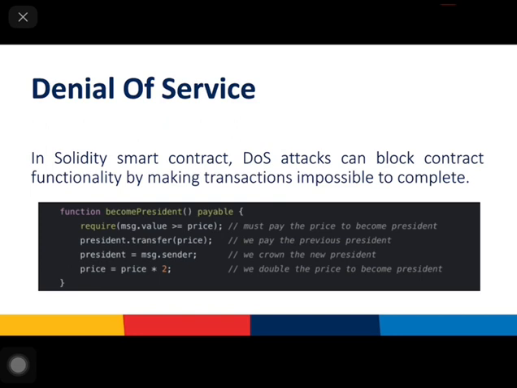Transactions require payment of gas. If the gas price is set high, other users may be unable to buy it due to the high costs. So this will lead to denial of service that can be troublesome.